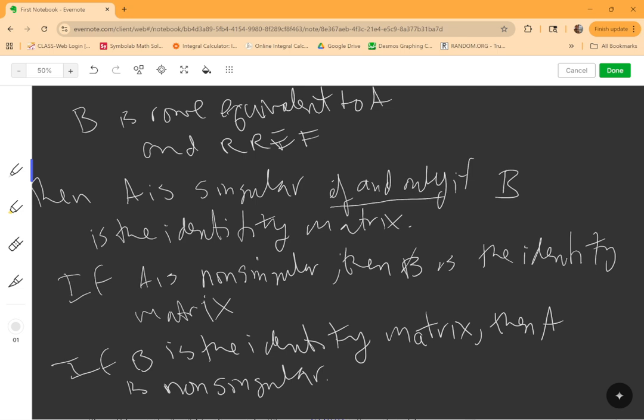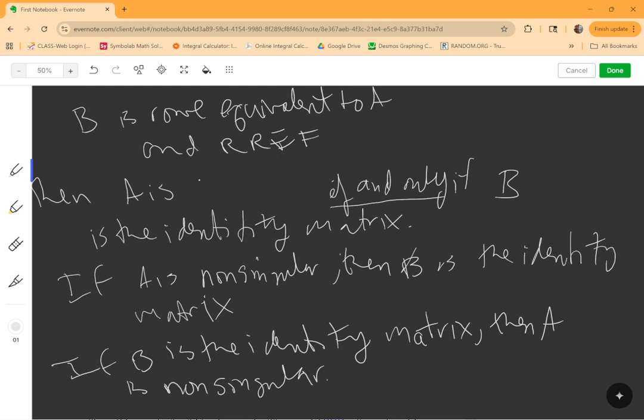So now we have a way to identify when A is non-singular. Sorry about that.